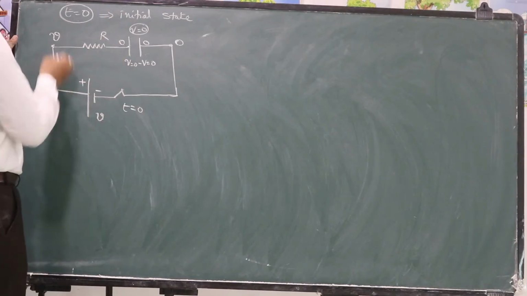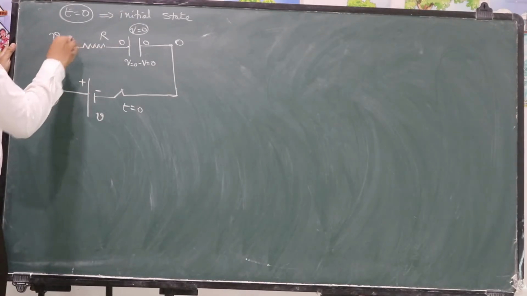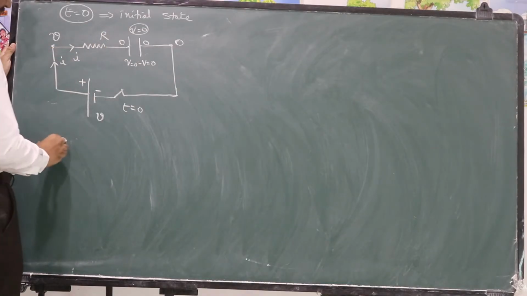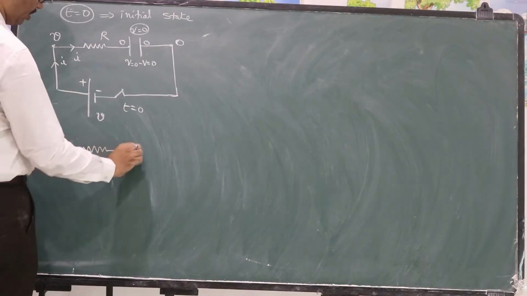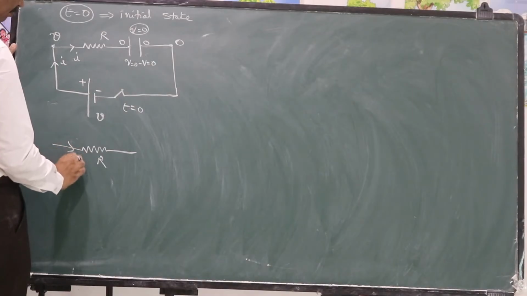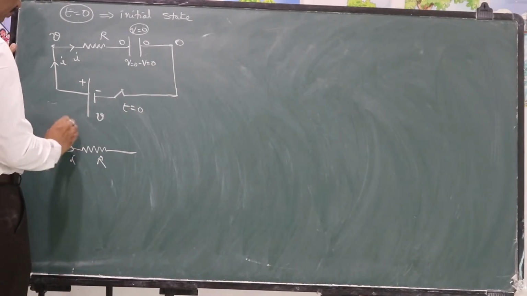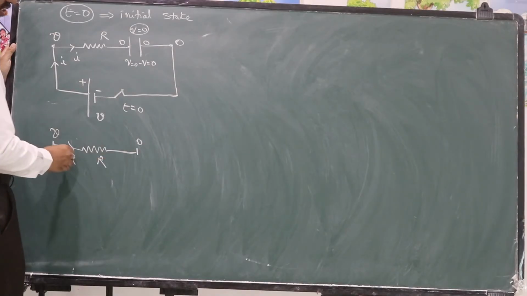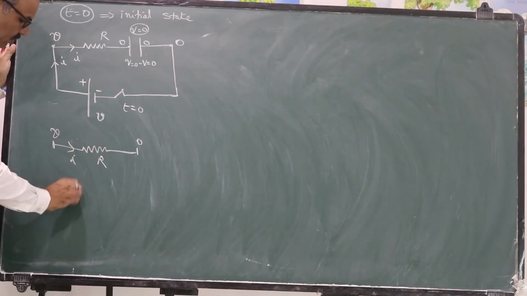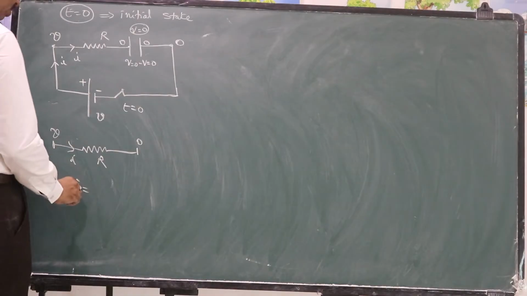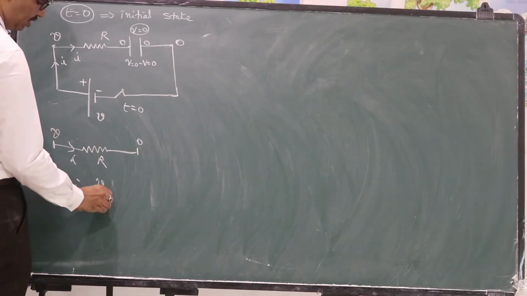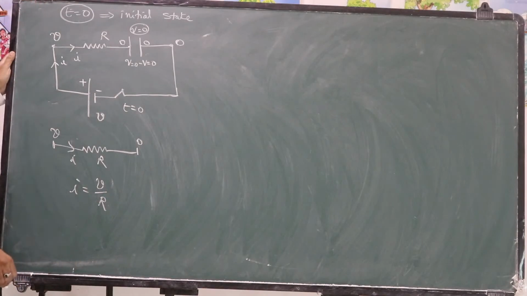If you observe clearly, some current is starting to move through the resistor. So for the individual resistor, I is the current passing due to the potential difference V and 0. This potential difference leads to the generation of this current. So V is equal to IR, or I is equal to V by R, potential difference by resistance. This is the current passing through the resistor.